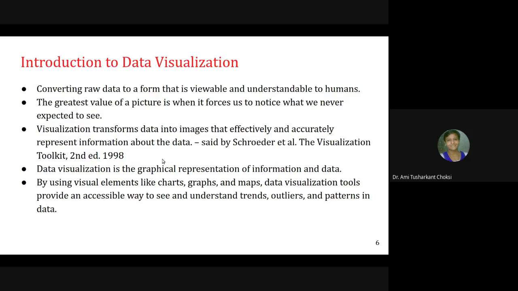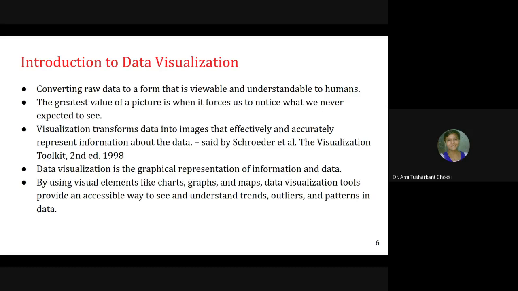So, introduction to data visualization. What is data visualization? Converting raw data to a form that is viewable and understandable to humans.